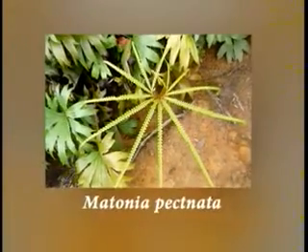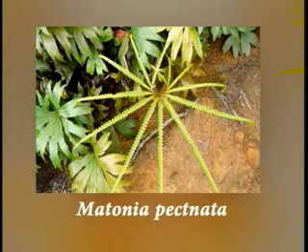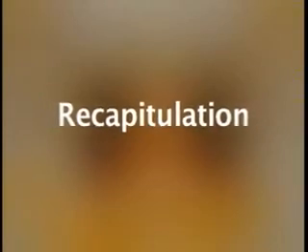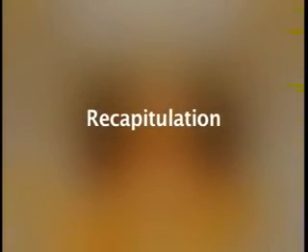This is borne out by the fact that in Matonia pectinata, there is a regular transition from protostelic condition to solenostele and then to polycyclic condition. This developmental phenomenon is termed as recapitulation. Occurrence of such a developmental phenomenon lends further support to Jeffrey's view that protostele is a primitive condition.